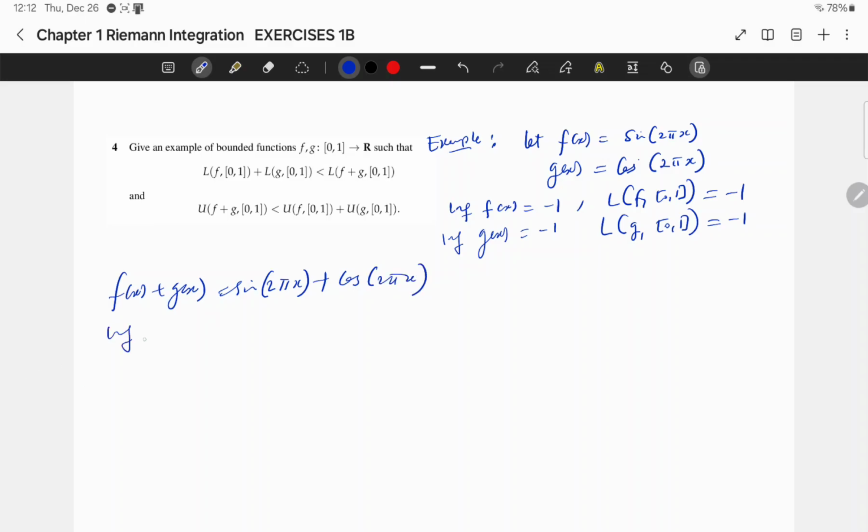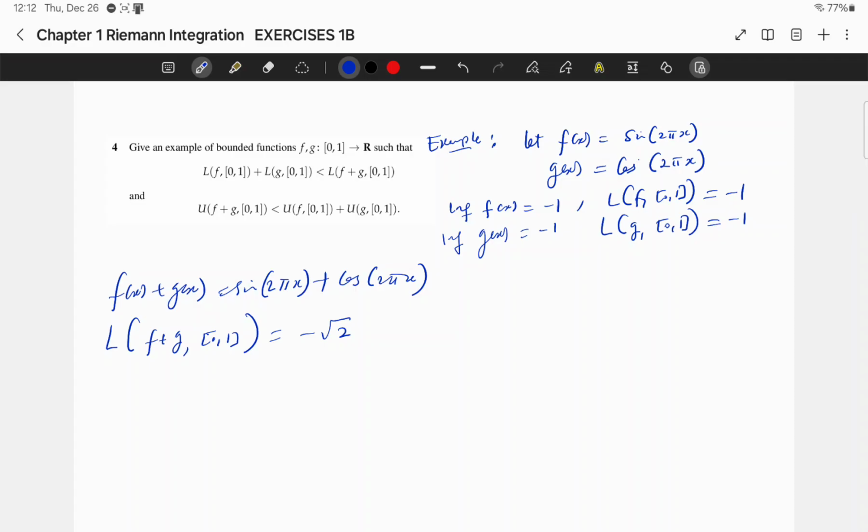So the infimum of this, if you check the graph, is equal to minus root 2.